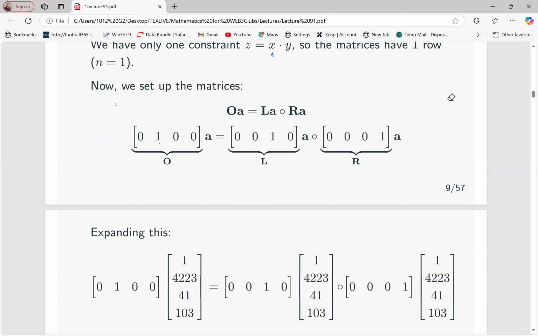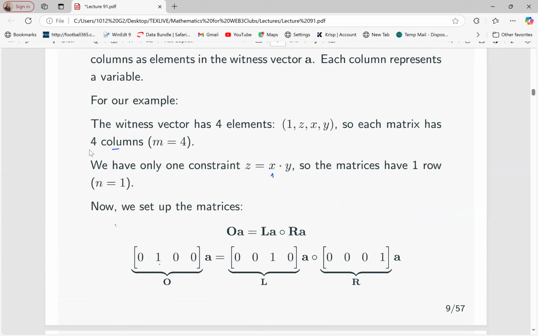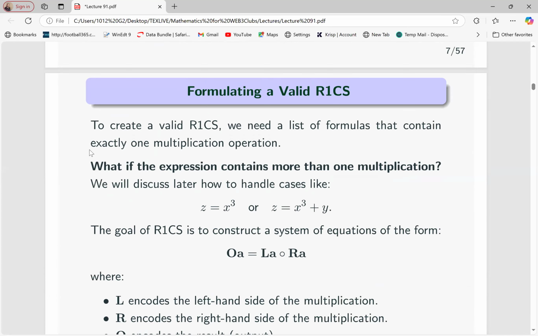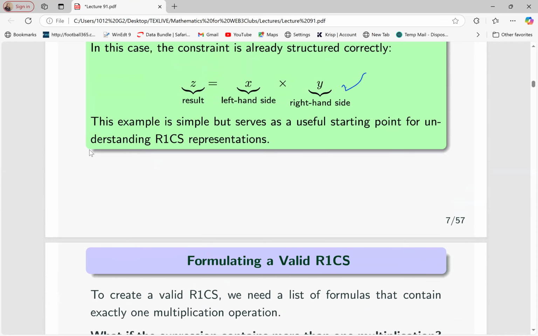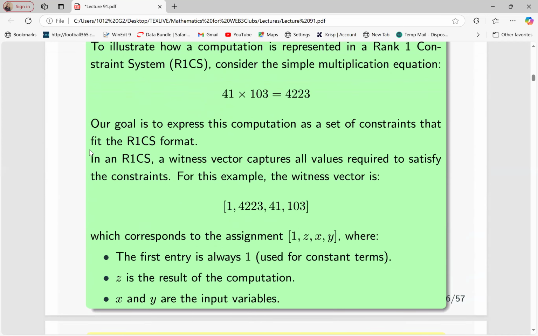Now, in our example above, let's just go back. This is the example I'm using.